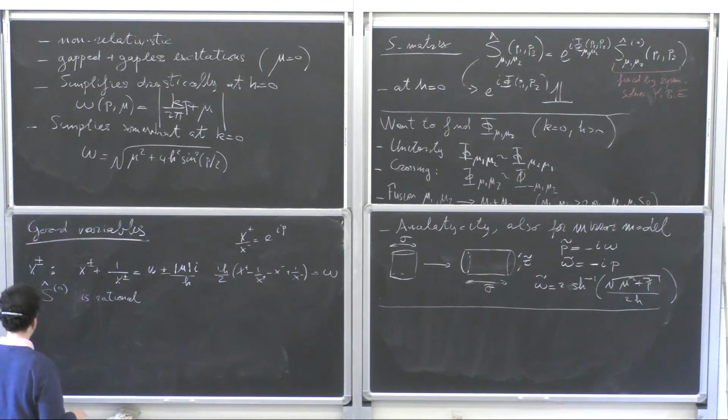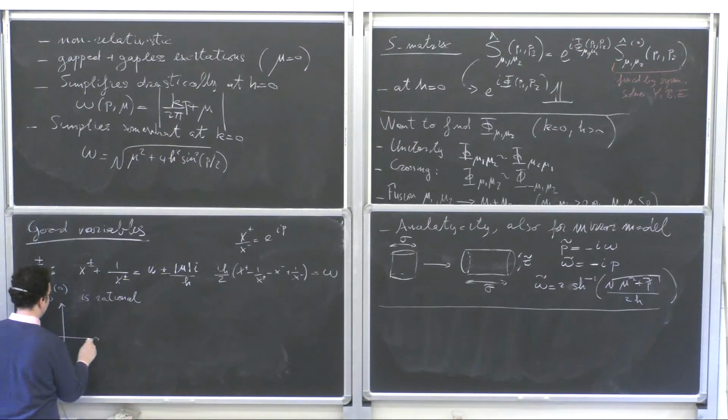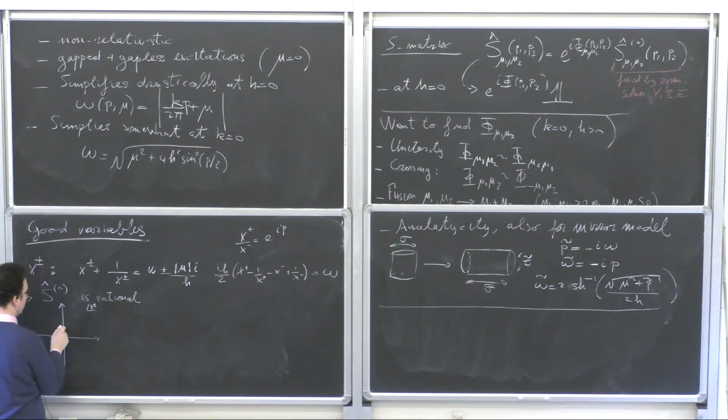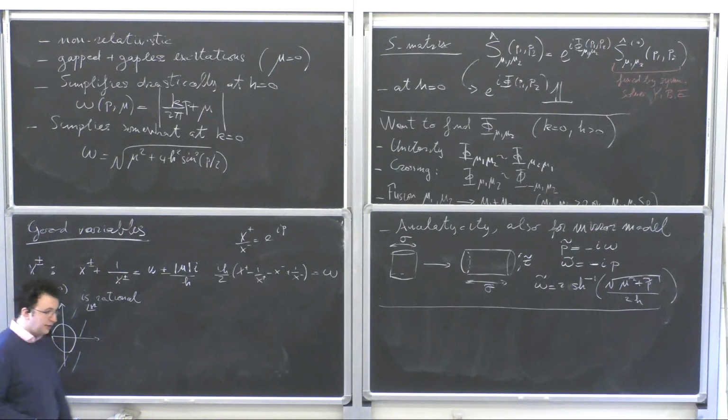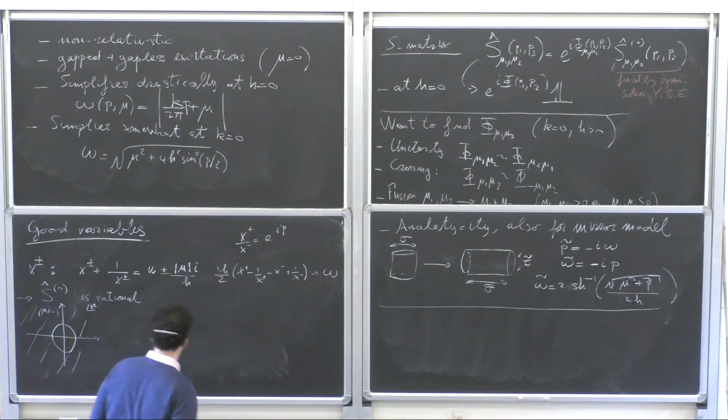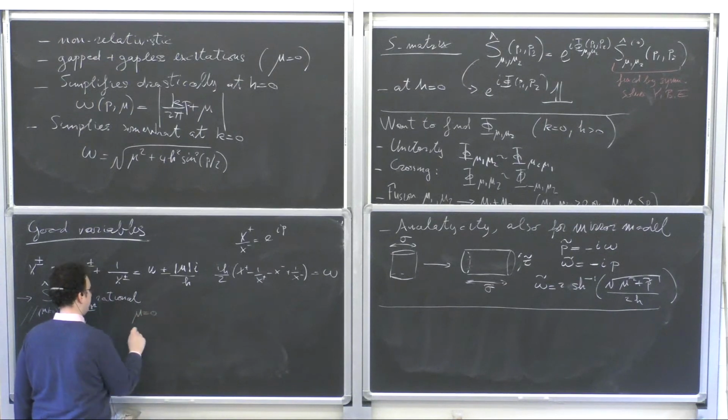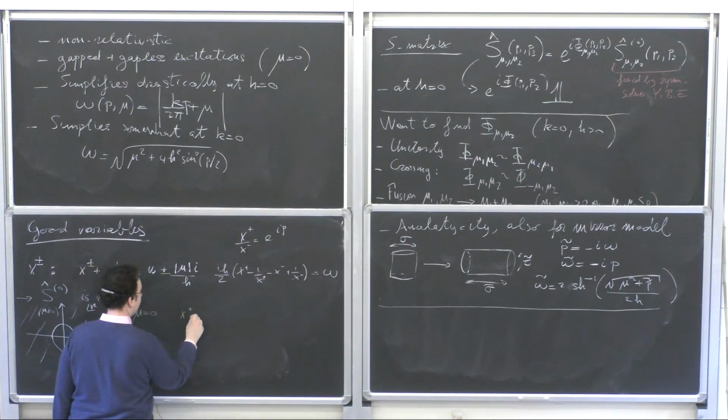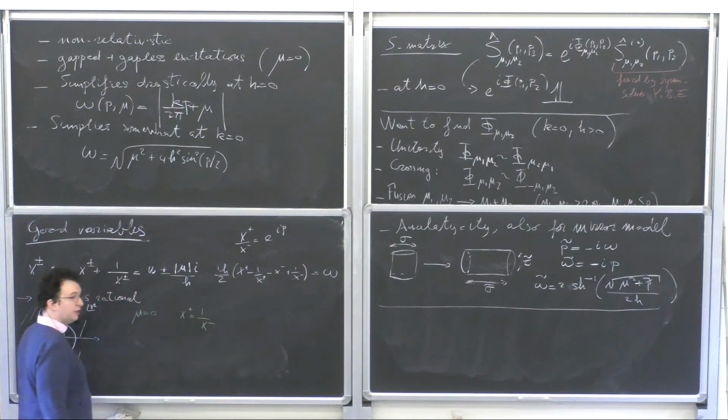The other thing that I have to tell you is where these x's live. It turns out that the region where you have either physical particles or particles that are the constituents of physical bound states is outside the unit circle for any mu different from 0. So they live in some region of the complex plane which is outside the unit circle. For mu precisely equal to 0, things become a little bit different, because x plus and x minus are not independent anymore.